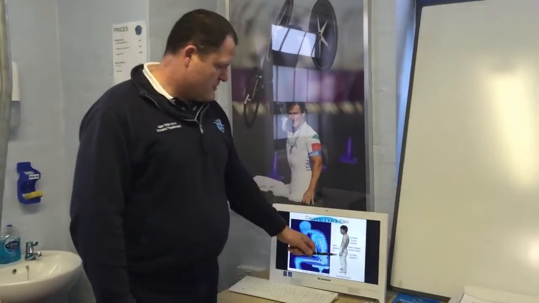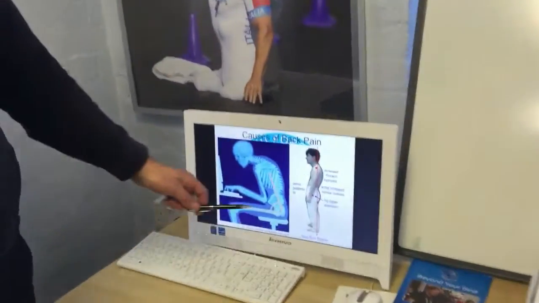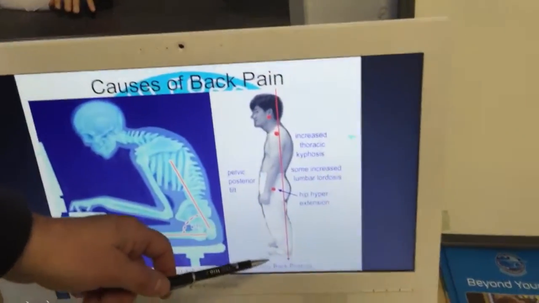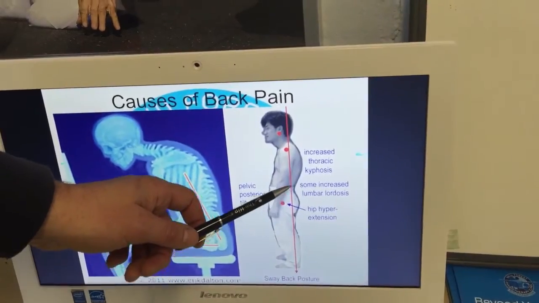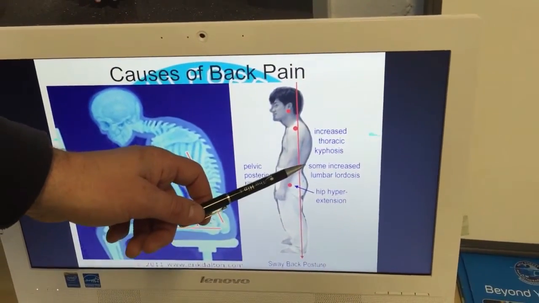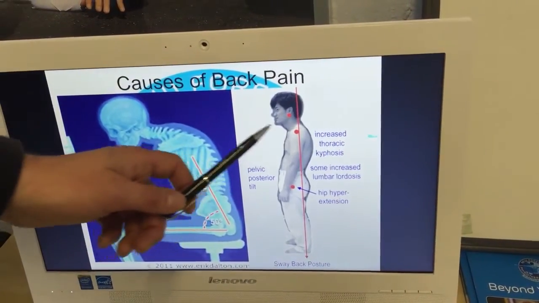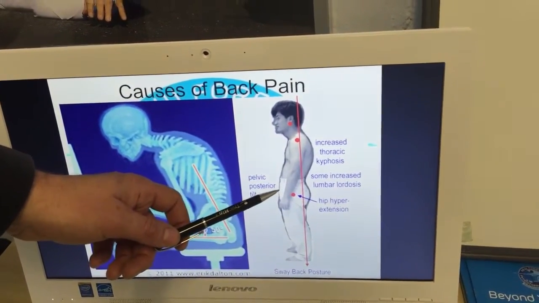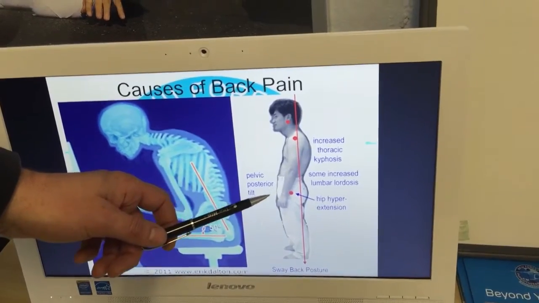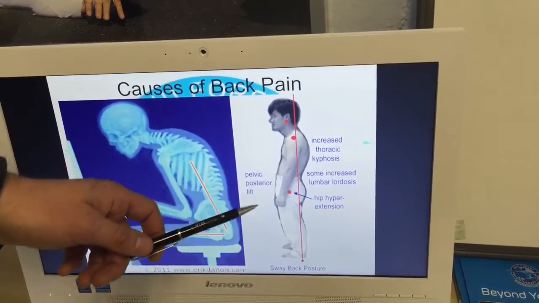The other image on our screen here is of a sway back. So in this image, there's an exaggeration of the lumbar spine lordosis and an exaggeration of the kyphosis in the thoracic spine with chin protrusion. And this commonly happens for people who have basically lazy stomach muscles.